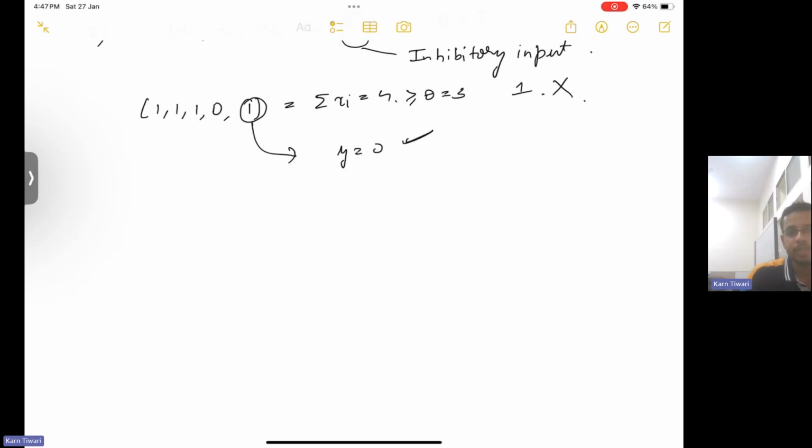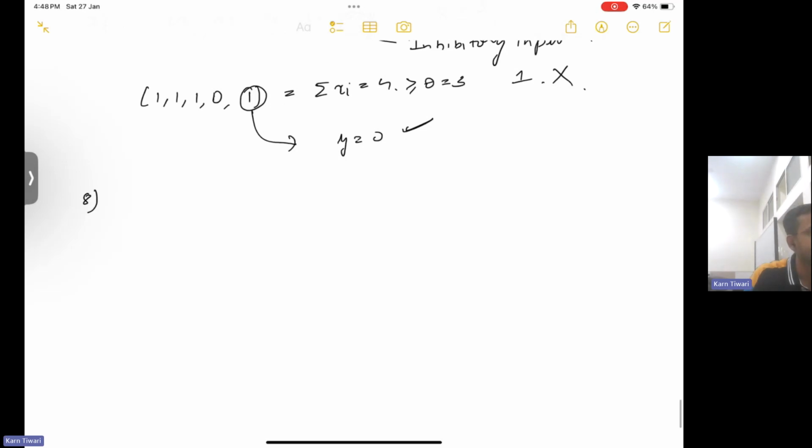Now coming back to question 8. MP neurons take x1 and x2 as input. In the week, they have some similar question.